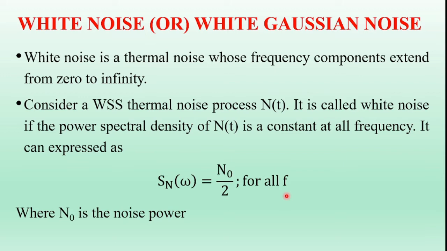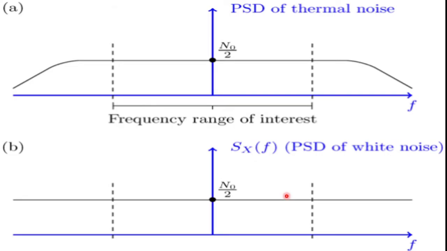Sn of omega is the power density spectrum, or power spectral density, of the random process n of t. This is the graphical representation of the power spectral density of the thermal noise, and of the white noise. And what is the definition of the power spectral density?